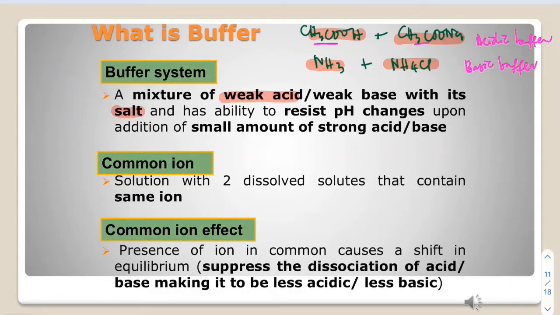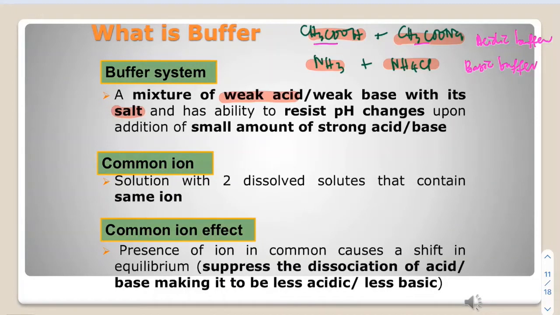So that is the buffer system. Then let's look at the common ion. If we have a solution with two dissolved solutes that contain the same ion, we say that the solution contains a common ion. For example, when we have a solution of acetic acid and sodium acetate, they have the common ion of acetate, CH3COO minus.